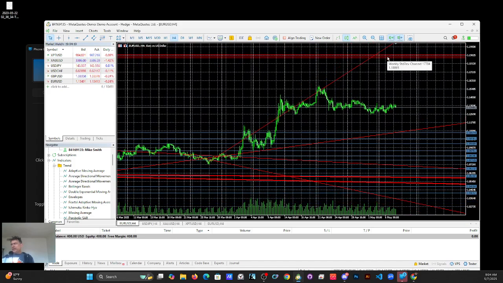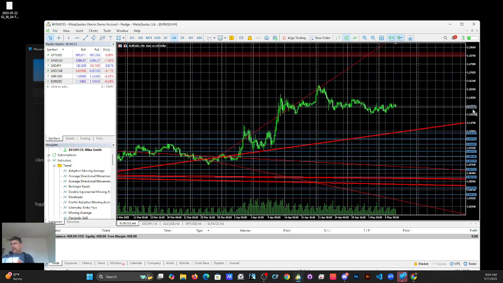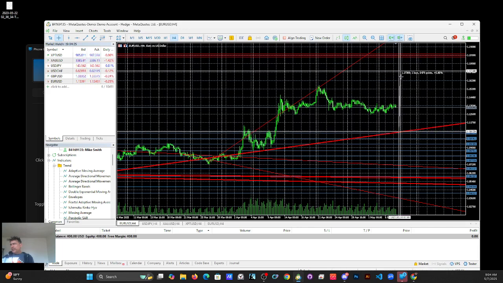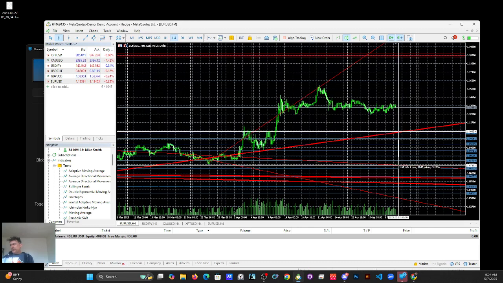So this is the target that I'm currently expecting as the reward region, as the maximum of this reward region. And you can see that this region is 800 pips compared to this region, which is 360 pips.